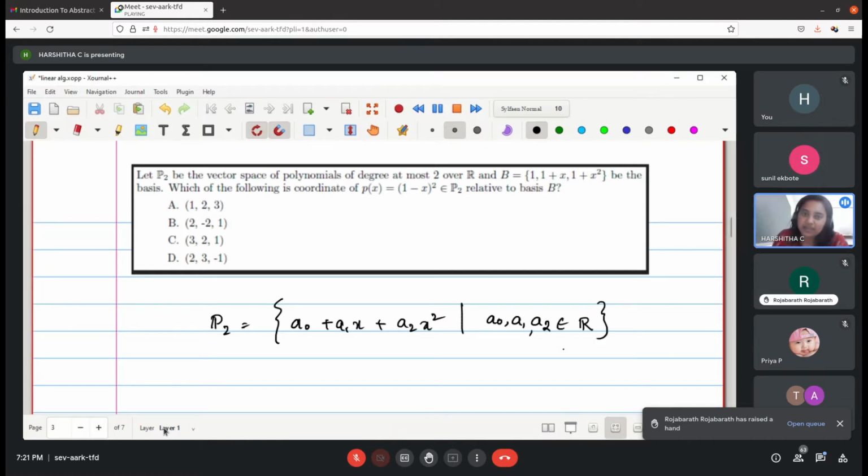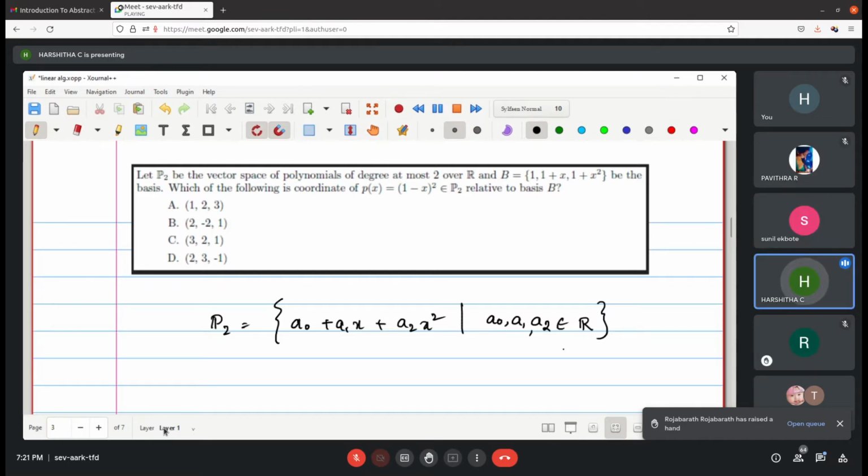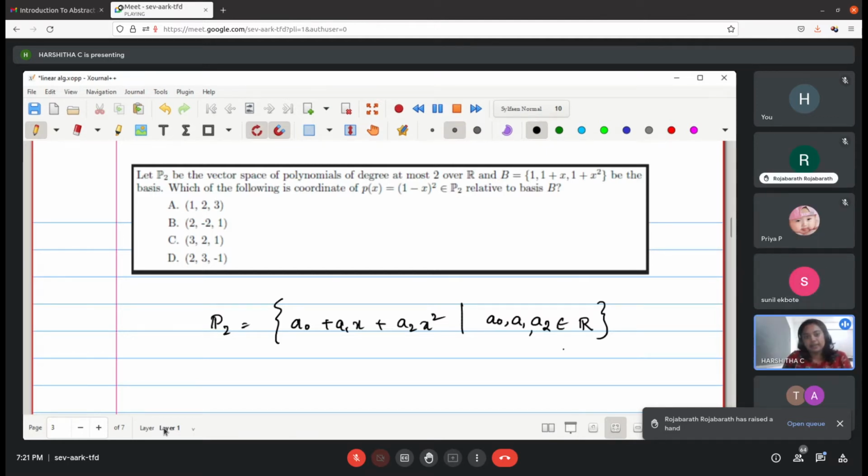And you are given a basis of this vector space. So this will be a 3-dimensional vector space and they have given you some specific basis: 1, 1 plus x, 1 plus x square. This is a basis of P2. And the question is, what is the coordinate of some polynomial, some vector in P2?